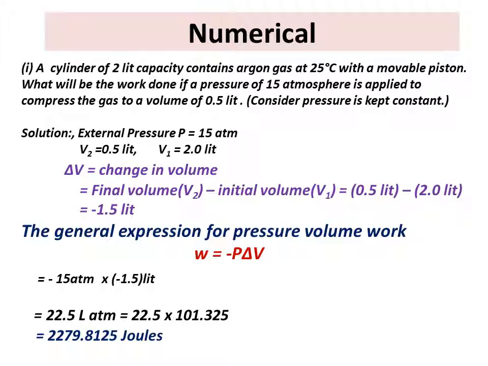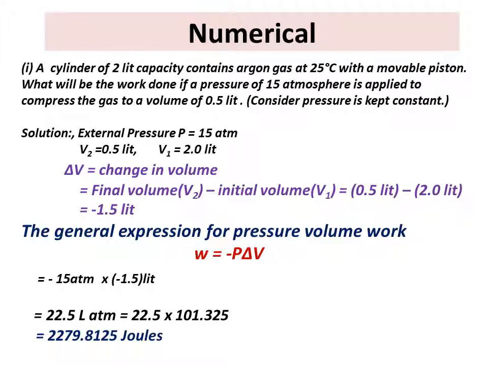So what is the change in volume? Change in volume is final volume minus initial volume. So 0.5 liters minus 2 liters gives minus 1.5 liters. Because we have already learnt that work done is equal to minus P delta V, and pressure given here is 15 atmosphere, let us put these two values.